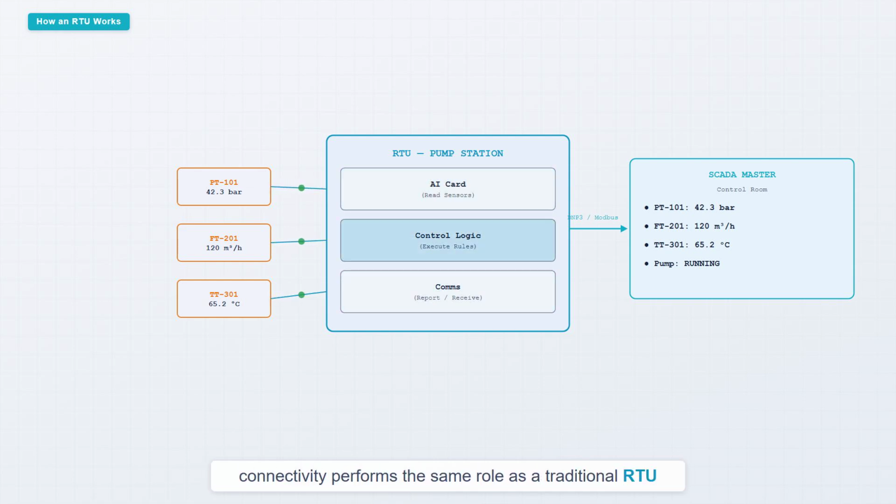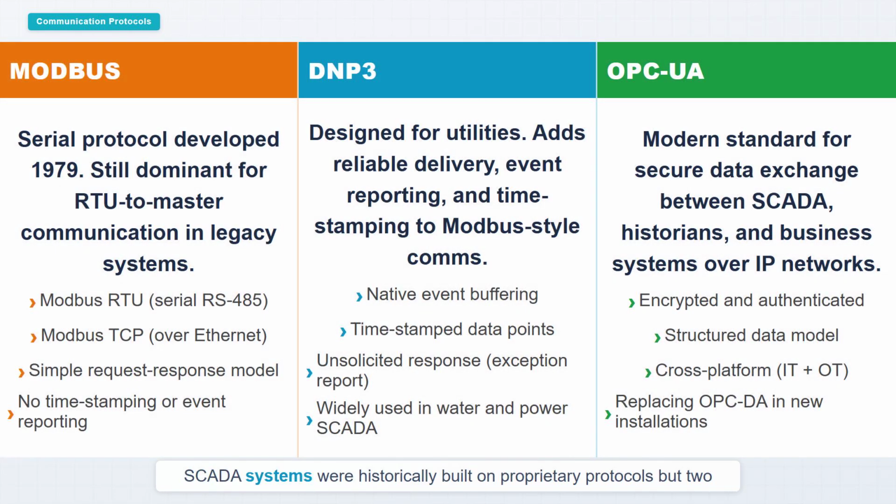In many modern installations, an intelligent electronic device, or IED, or a PLC with SCADA connectivity performs the same role as a traditional RTU. SCADA systems were historically built on proprietary protocols, but 2 dominate modern installations. Modbus, developed in 1979, is still widely used for serial communication between RTUs and the SCADA master. DNP3, the Distributed Network Protocol, was designed specifically for utilities and adds reliable delivery, timestamping, and event reporting to Modbus-style communication.